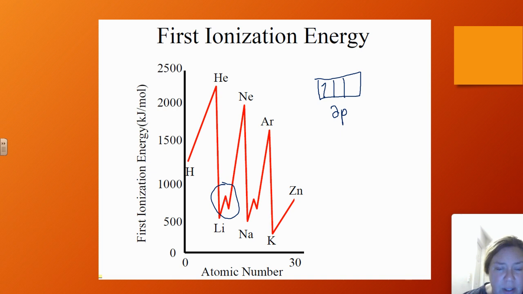That 1 electron is going to be real easy to remove. But with these, it's going to be more difficult to remove. And if you have it like this, then it's going to be a little bit easier to remove that 2p4 electron than it will be to remove others. Then once you get to neon, it's going to take a very high ionization energy again because you have a very high effective nuclear charge.